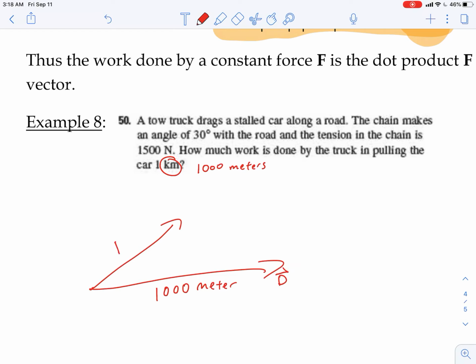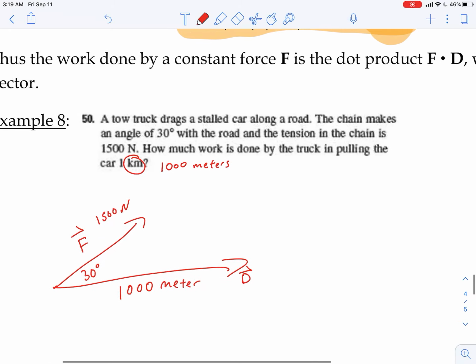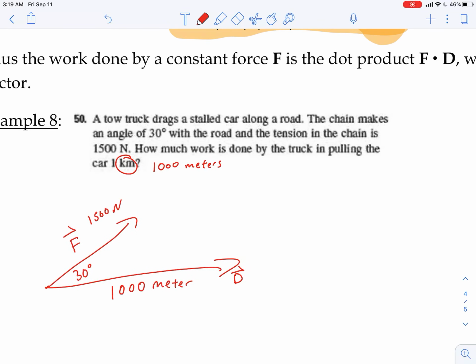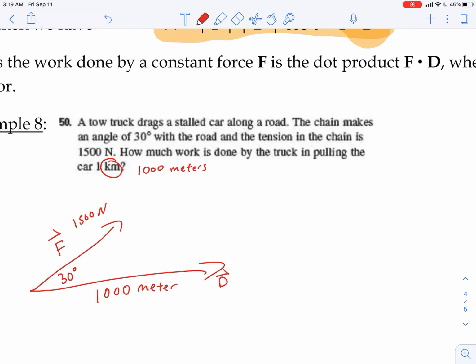All right, that means our force vector is the chain, and it's saying it has a tension of 1,500 newtons. So we have our force vector. All right, and so all we need now is an angle, and we actually have the angle, which is 30 degrees. And so therefore, we can go ahead and plug into our formula. And I'll write that out.